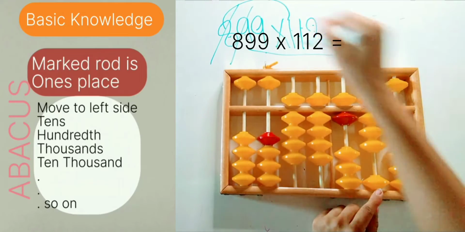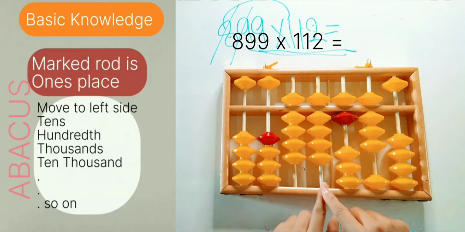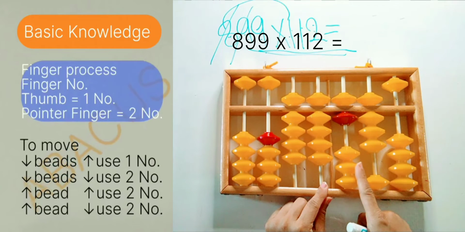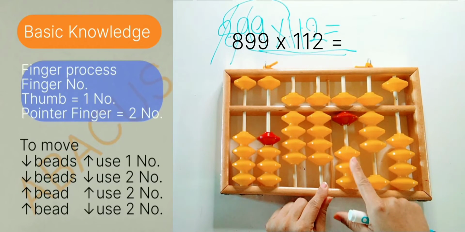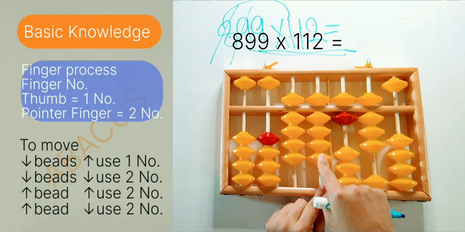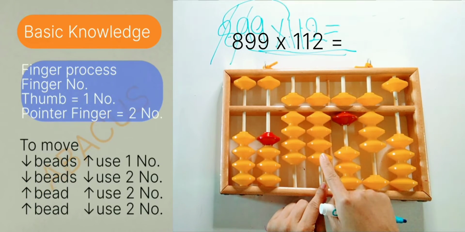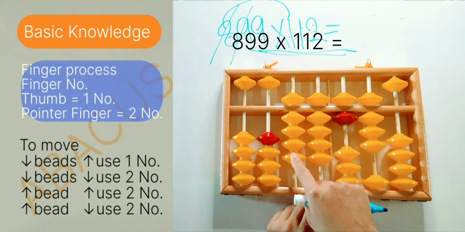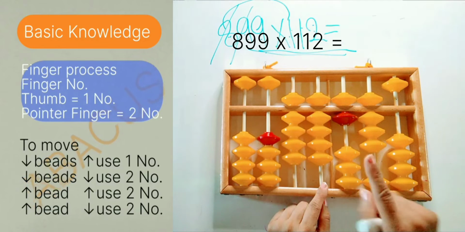Next 9, 4 digits, 1 2 3 4 starting from here. 9 times 1 is 09. So we don't have beads here, so I'm going to borrow from this rod. Means all the beads from this rod are also moved. So next rod also moved, so I am going to borrow this one. Means this is tens rod.